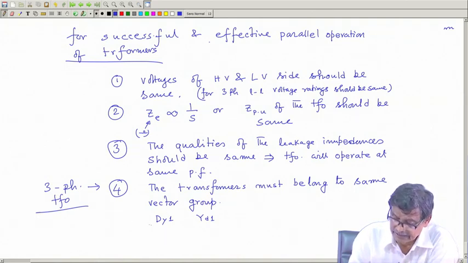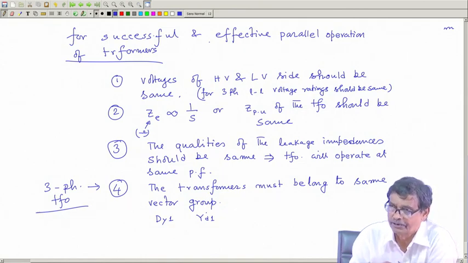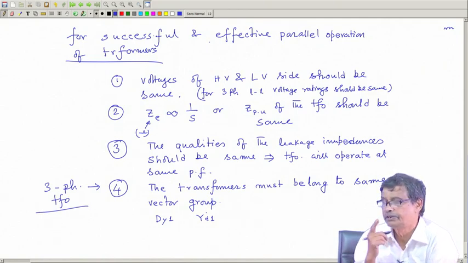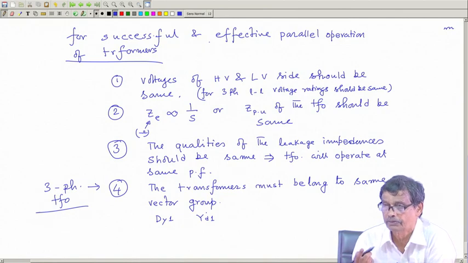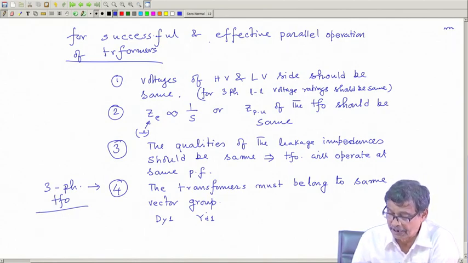So, this is the thing we must add. Of course, DY1 can be parallel with DY1, no question, but I should not demand that once a transformer is DY1, another transformer should also be DY1. No, it could be YZ1 also, it can be parallel with.